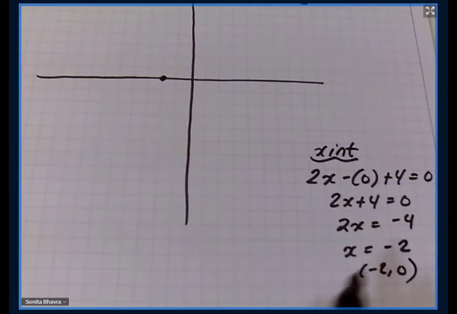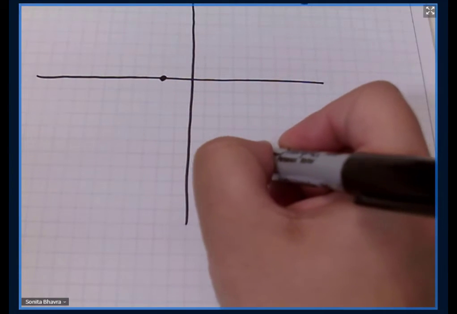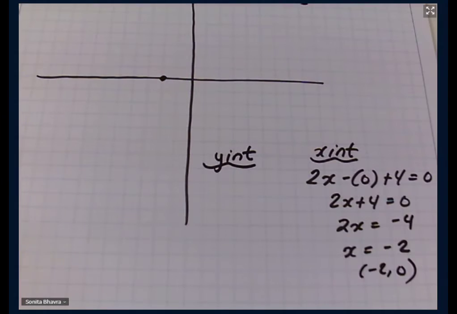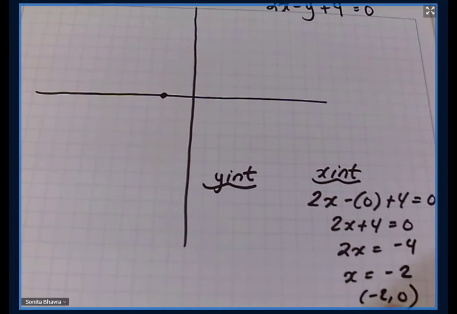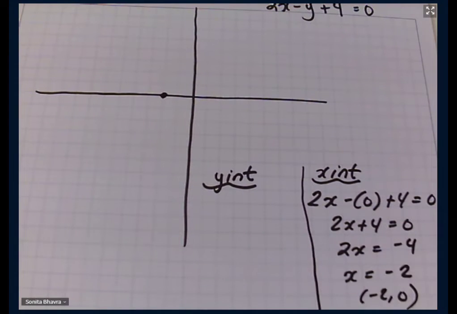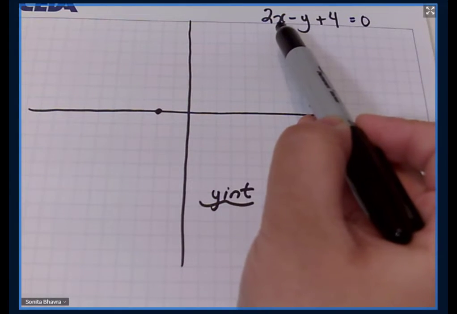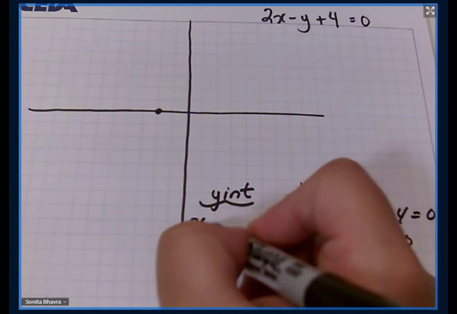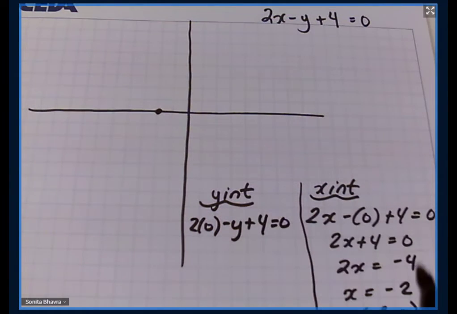Next, we can figure out our y-intercept. We can figure out our y-intercept by making x equal to 0. So our equation is up here. We're going to make x equal to 0. So 2 times 0 minus y plus 4 equals 0.